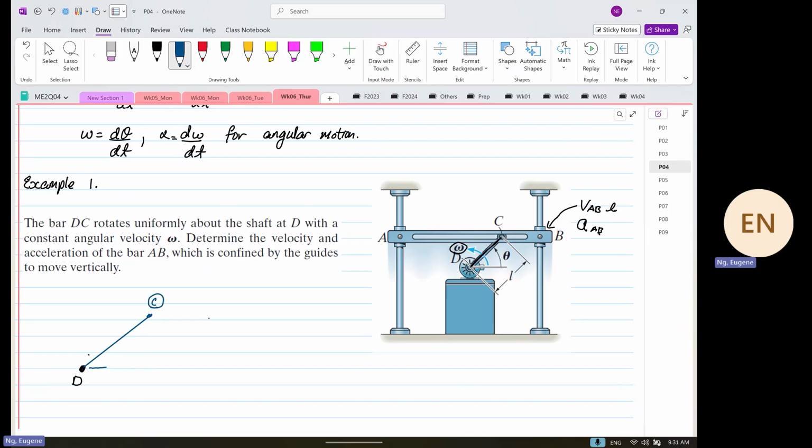And then depending on our theta, our distance y is a function of what?